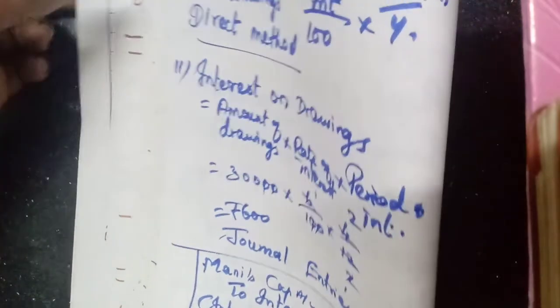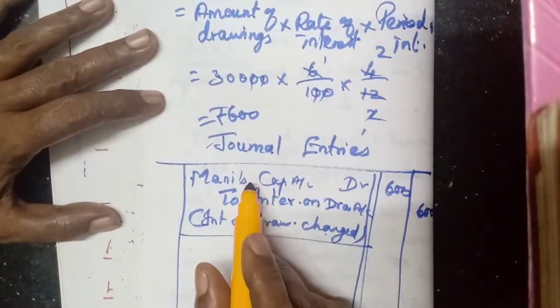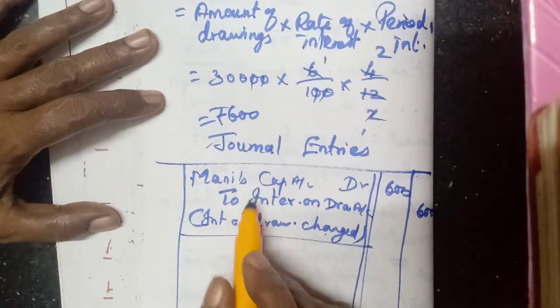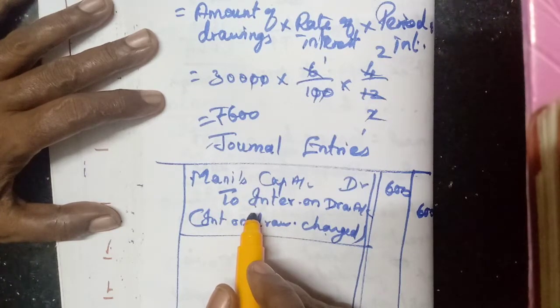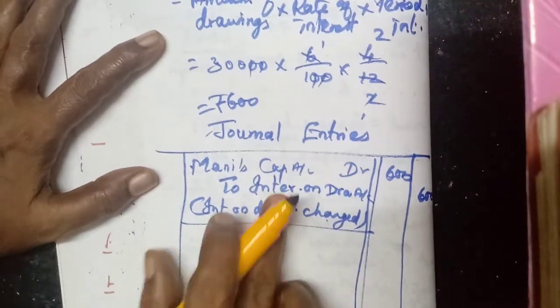Now this one should be transferred to the profit and loss appropriation account. So the profit and loss appropriation account must be credited, and this should be debited.